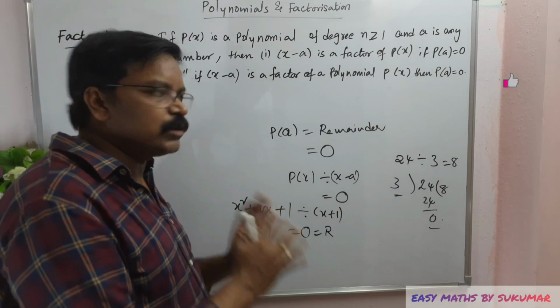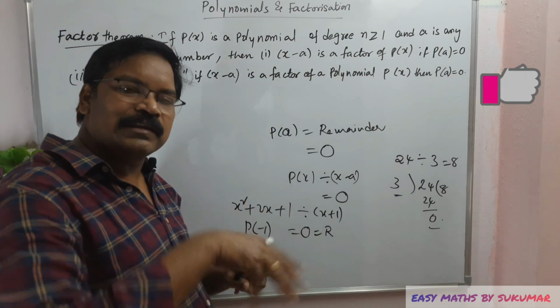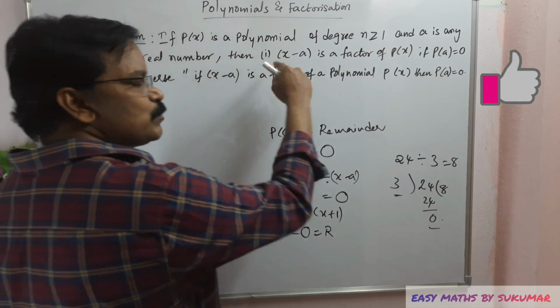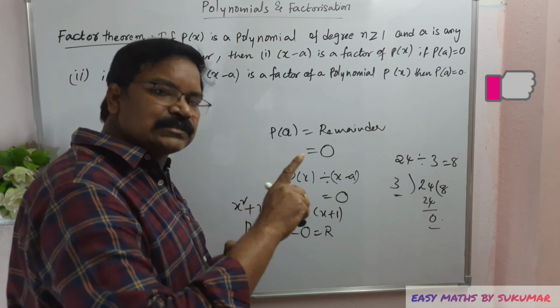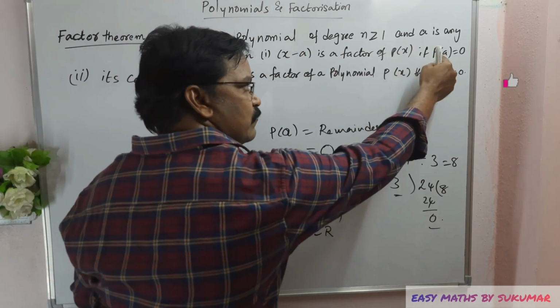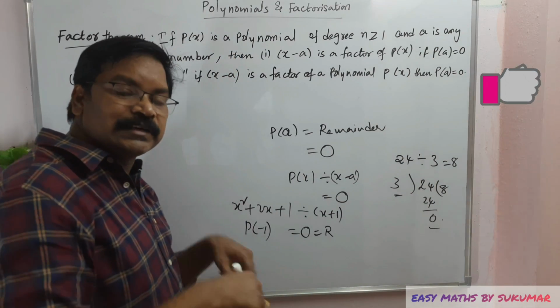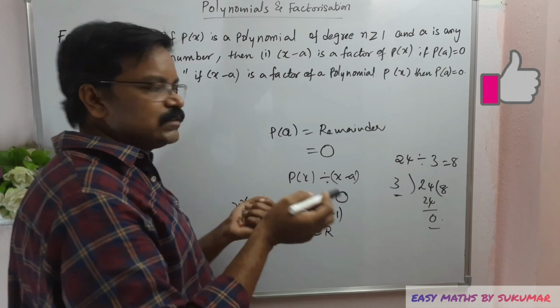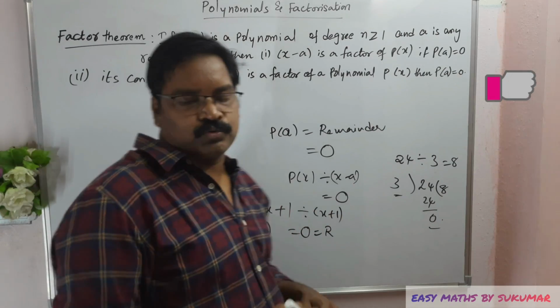If p of x is a polynomial of degree n greater than or equal to 1 and a is any real number, then x minus a is a factor of p of x. That means p of a is equal to 0. That means the remainder is equal to 0. That means x minus a is a factor. This converse is also true.